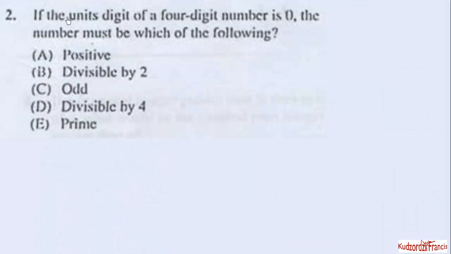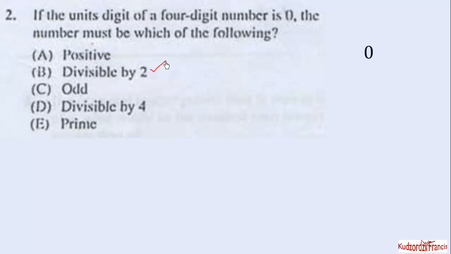Now the second question: if the unit digit of a 4-digit number is 0, the number must be which of the following? Not necessarily positive, because we have negative numbers that also end with 0 and are 4 digits. Divisible by 2, yes, of course.